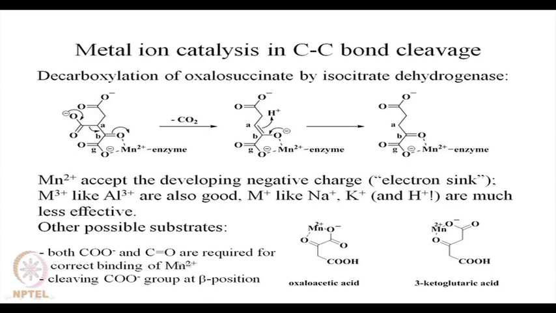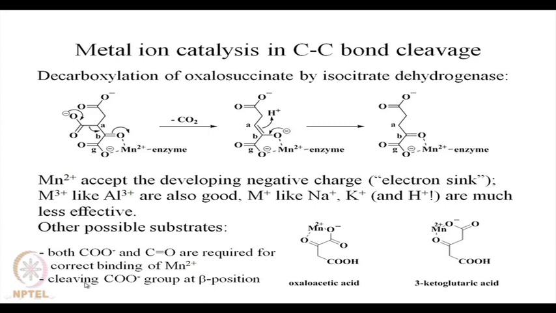So, both COO- and CO are required for correct binding of Mn2+. So, this COO- and CO, these two are required. You see, this is COO- and CO, this is COO- and CO. Oxaloacetic acid and this 3-keto glutaric acid are also possible substrates.